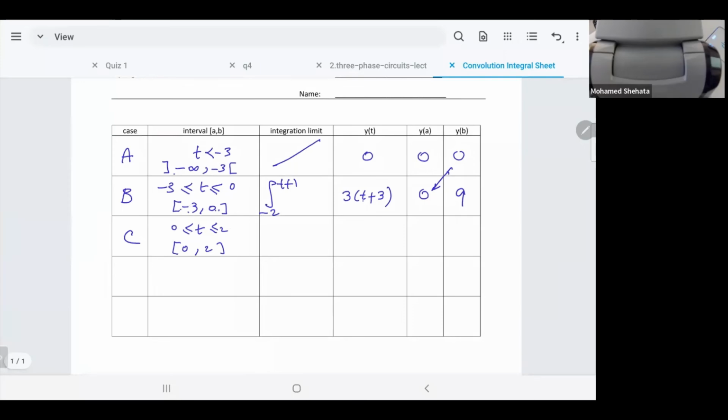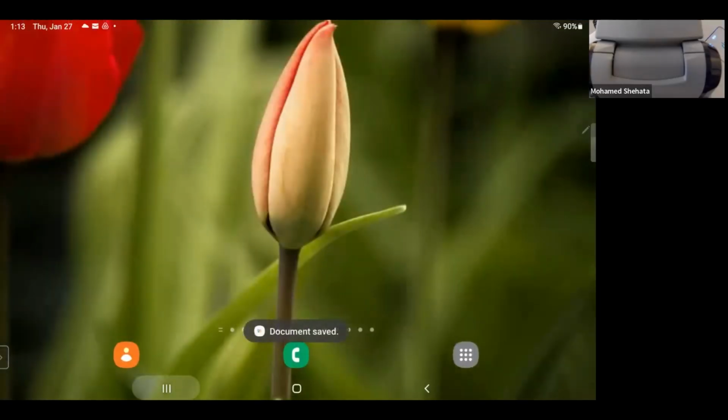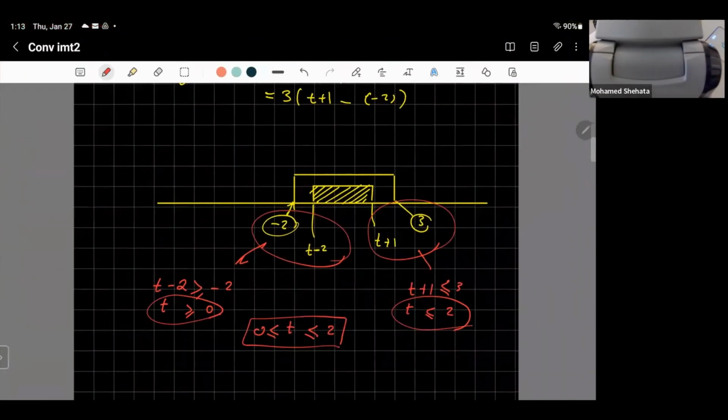All right. Let's now go for the integration limit. When you integrate for case C, what is the limit? Exactly, because it's all inside. On the inside, t minus 2 up to t plus 1, because there are values between these two limits.